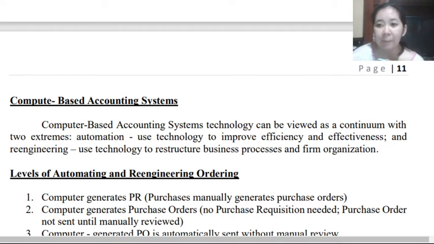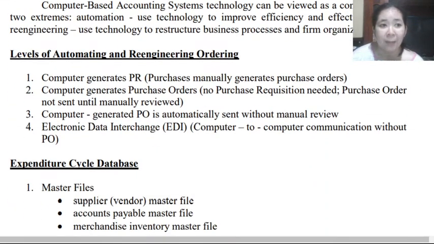So we have here the levels of automating and re-engineering the ordering. First, the computer generates the purchase order.